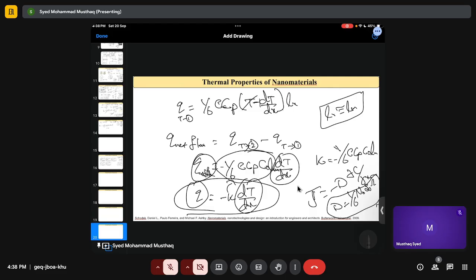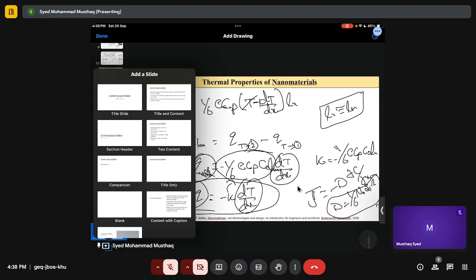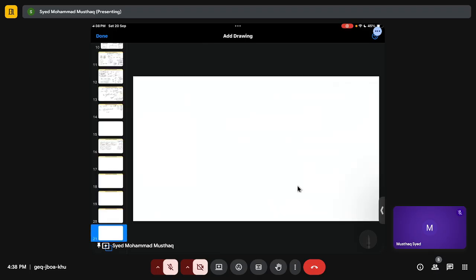The diffusion of atoms is given by Fick's law, minus D dC by dx. There we do the same thing. The net flux will be the same, from T2 to T1 minus T1 to T2, right? So that is about that.